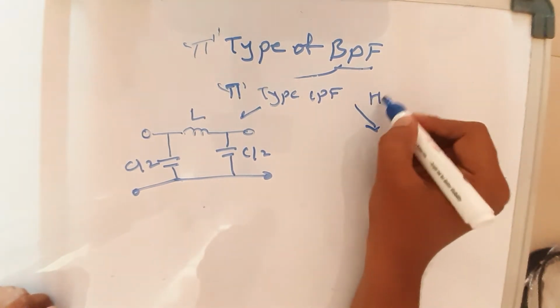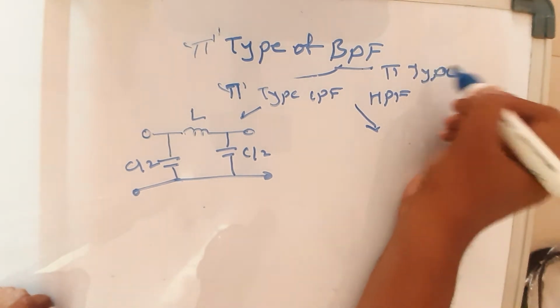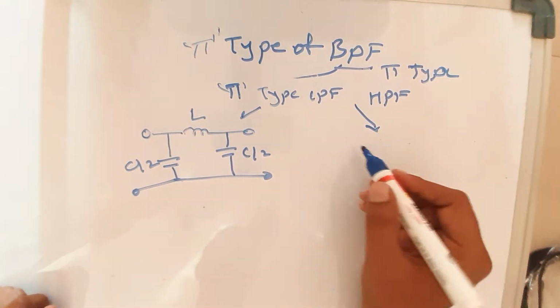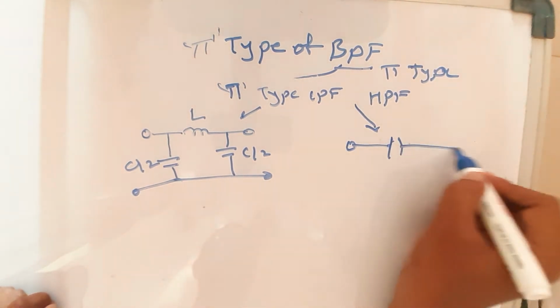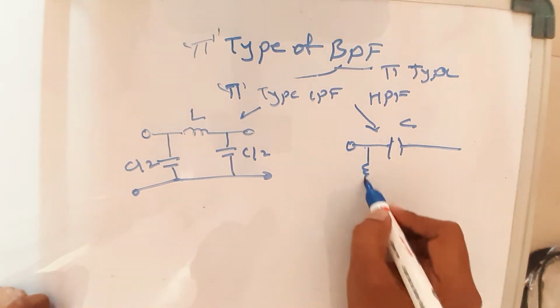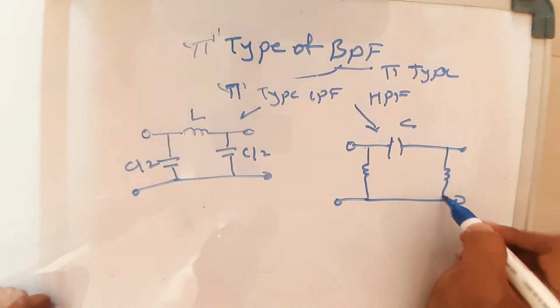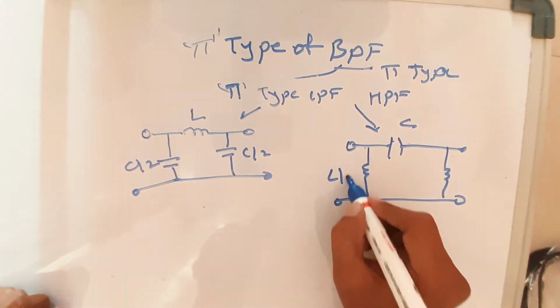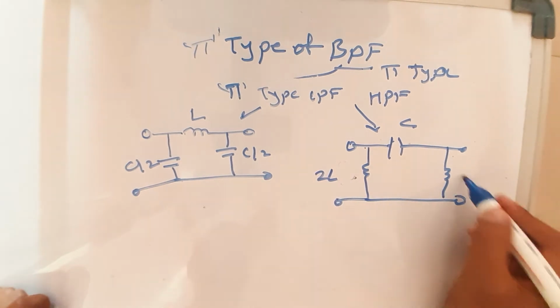Similarly we will draw the pi type of high pass filter. So in pi type, series arm I have a capacitor and shunt arm I have an inductor. This will be twice L, twice L.